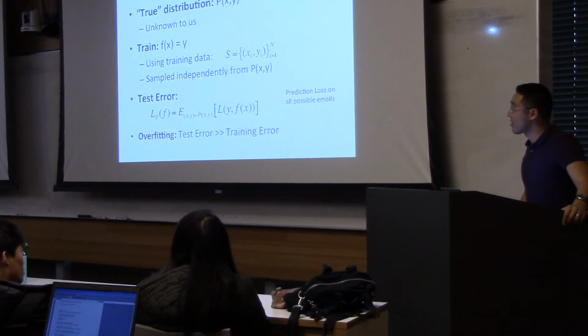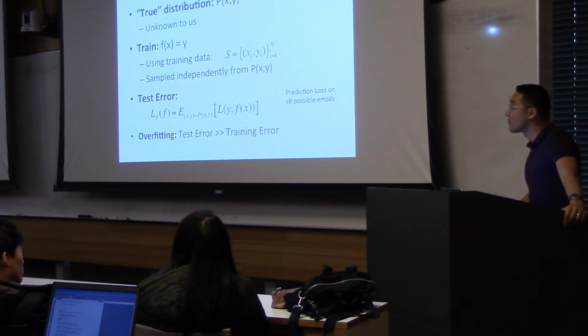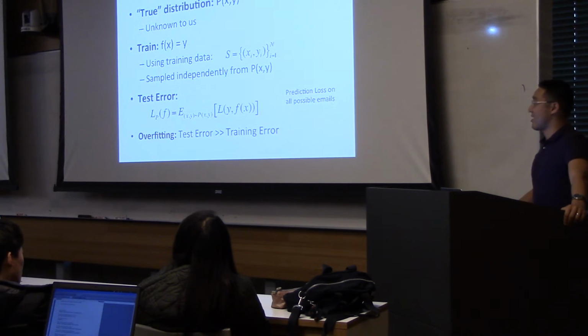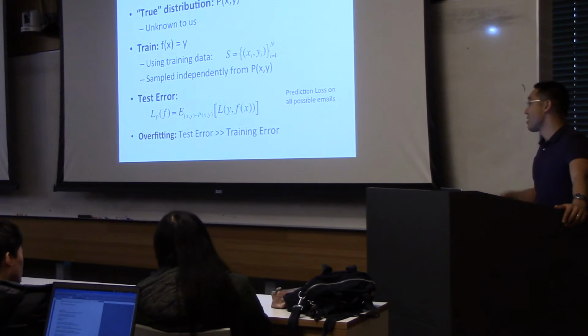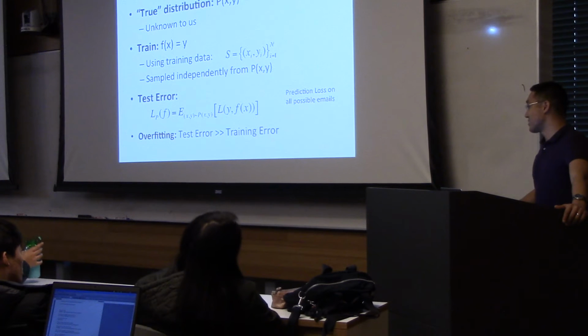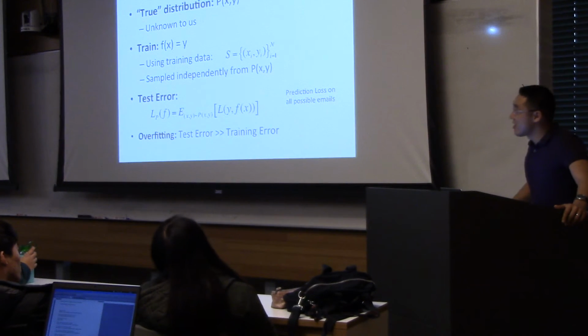Let me put it that way. Because the test error is measured on something that you inherently have less information about, right? You might get lucky and come up with a model where the test error is lower than training error. But typically, that's not what people think about. Typically, it doesn't really happen in practice.